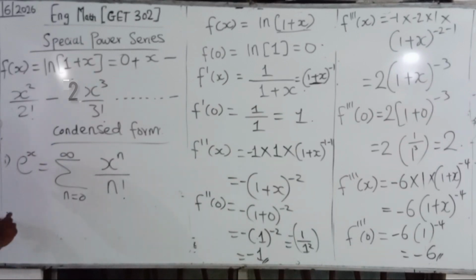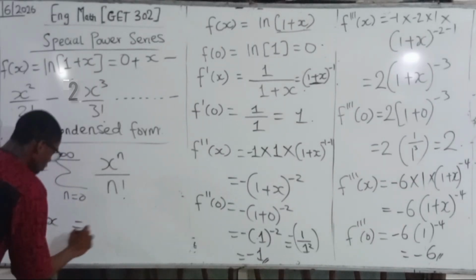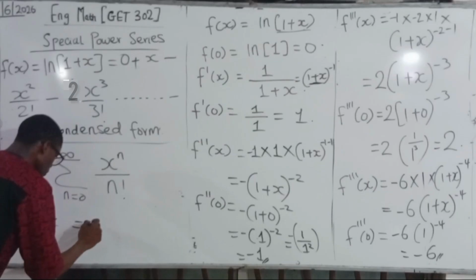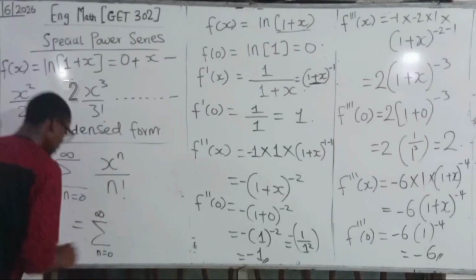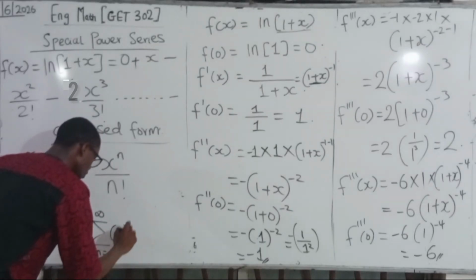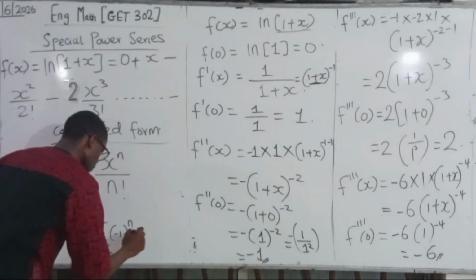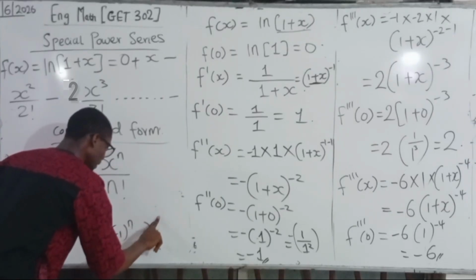So now let's move over to sine x. What will sine x give you? Sine x should give you sigma n from 0 to infinity of minus 1 all to the power of n, x to the power of 2n.